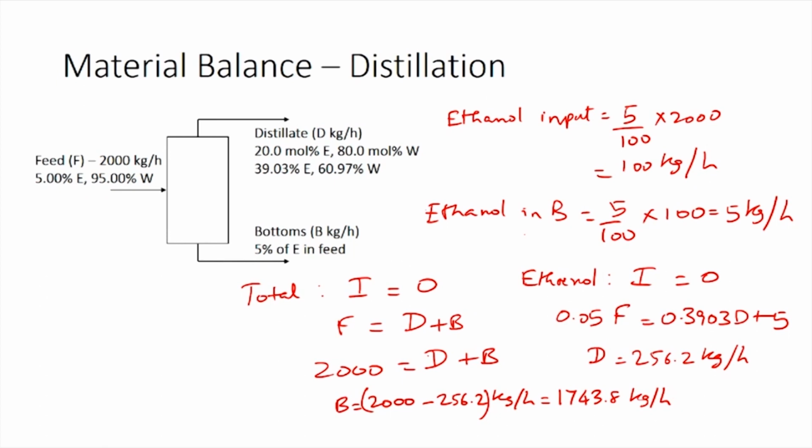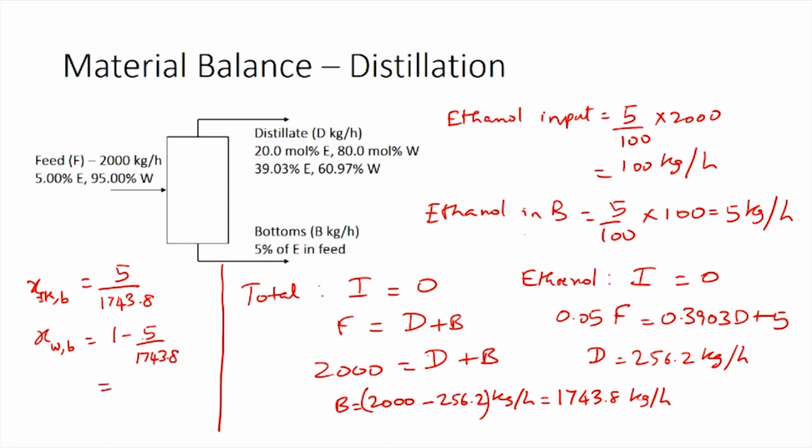So, the mass fraction of ethanol in the bottom stream, let us call it X ethanol in bottoms, would be 5 divided by 1743.8, and the rest would be the concentration of water, which would be 1 minus 5 divided by 1743.8.